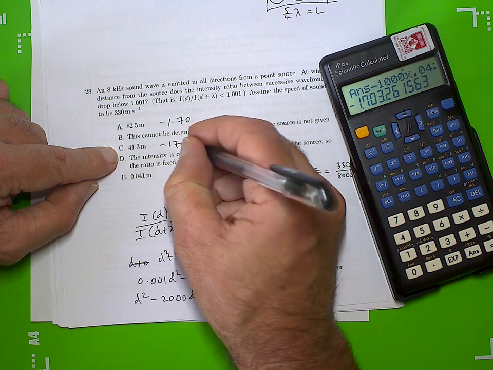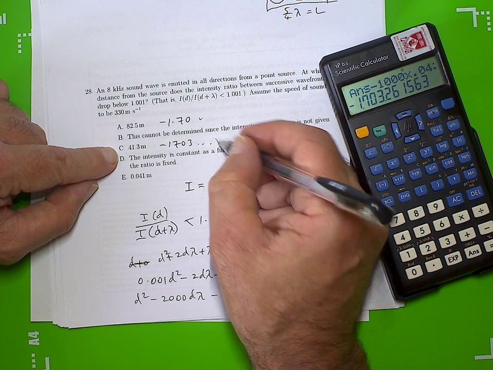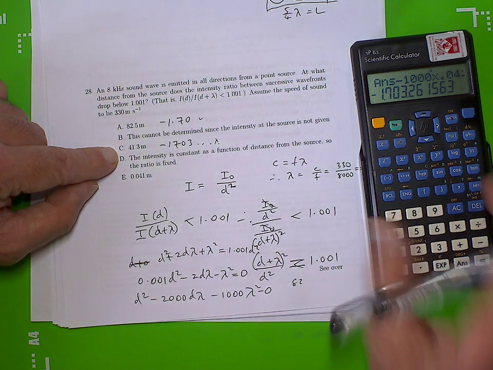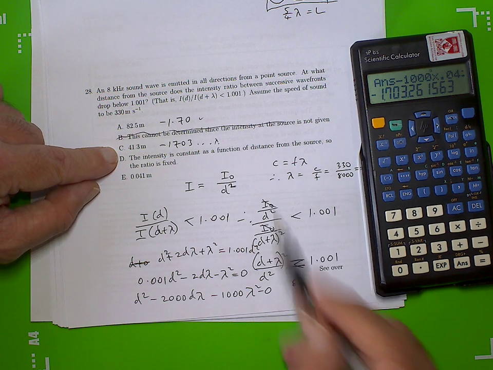Minus 1703. That seems bad. Notice that B can be crossed off because the intensity cancelled out here.